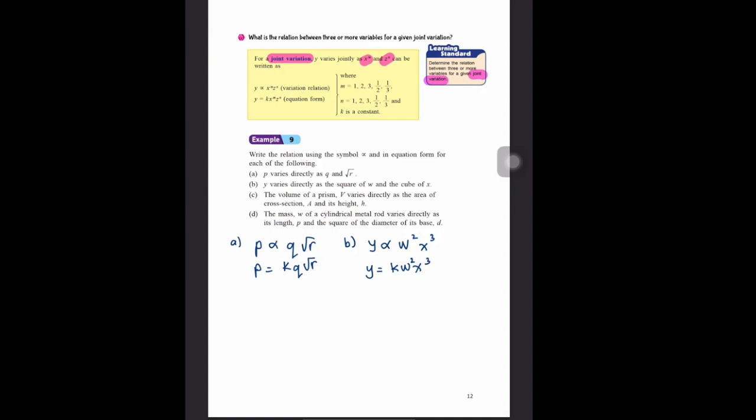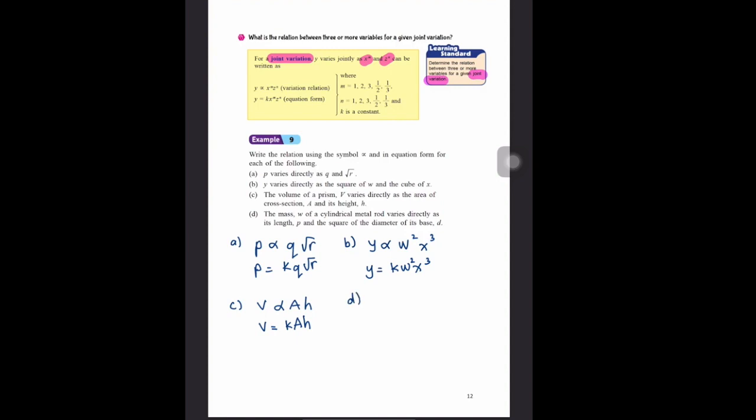C, the volume of a prism V varies directly as the area of a cross section A and its height h. So in the equation form, V equals kAh.